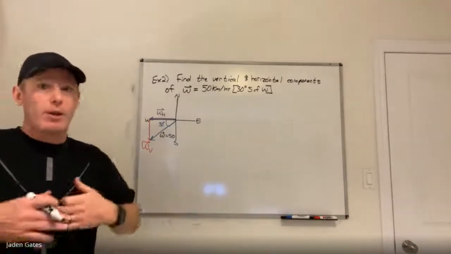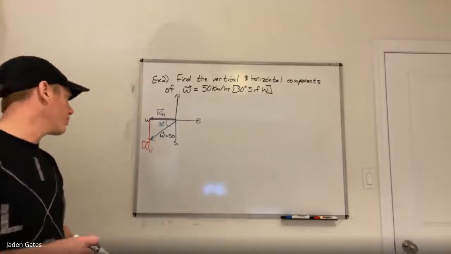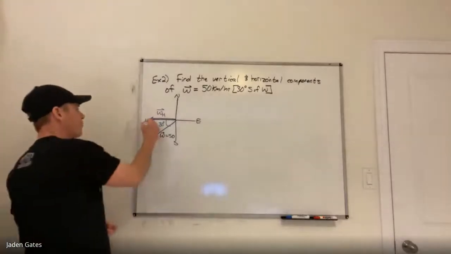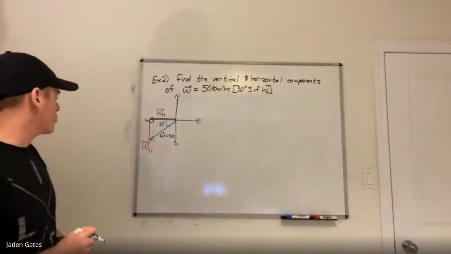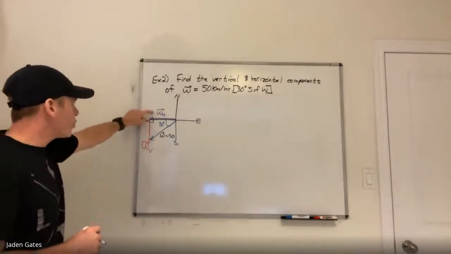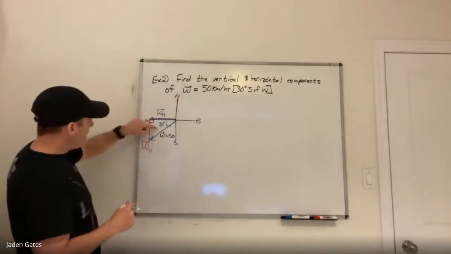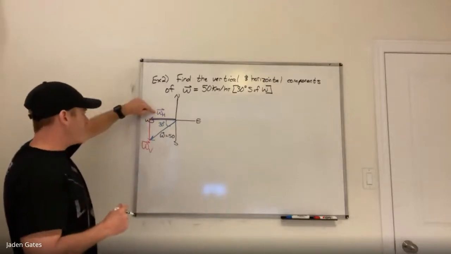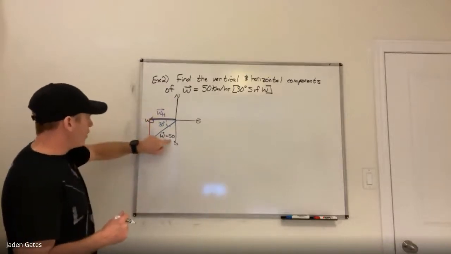They have to be at right angles to each other. So what we have is a right angle triangle where I'm going to do some trigonometry. I have my 30-degree angle, and if I was to solve for WH, it is the adjacent side, and the 50 here, our vector, is our hypotenuse.